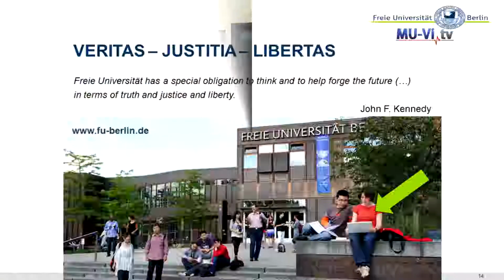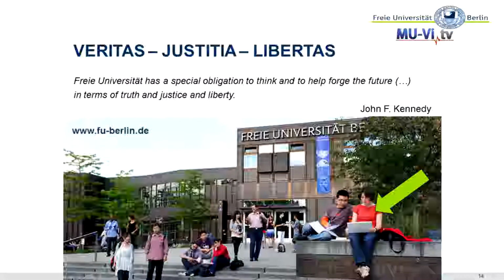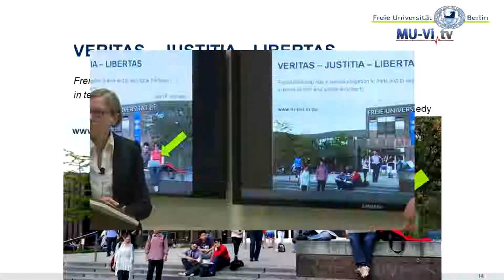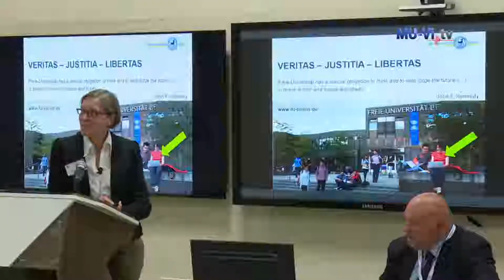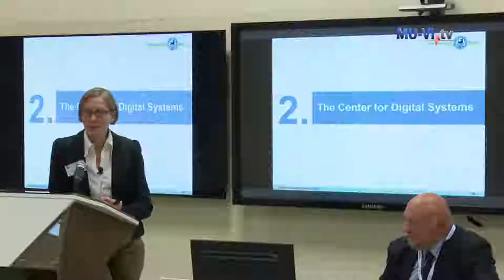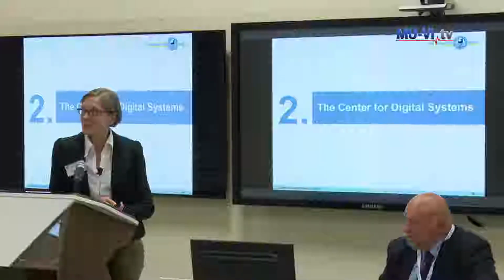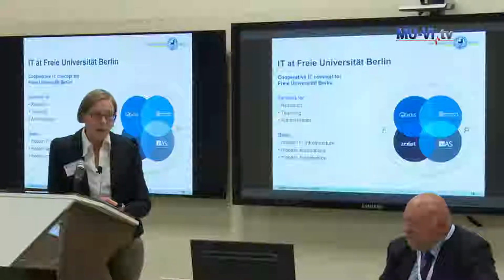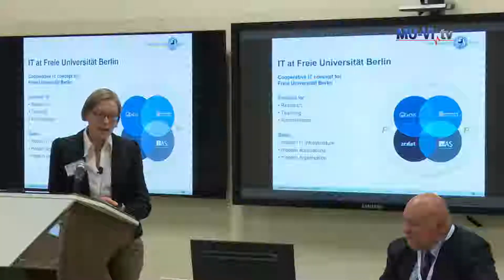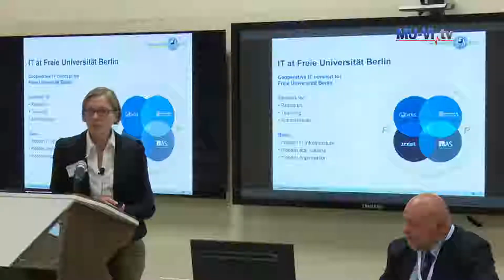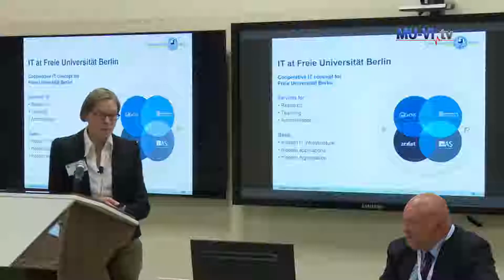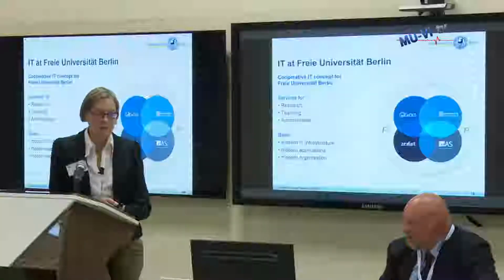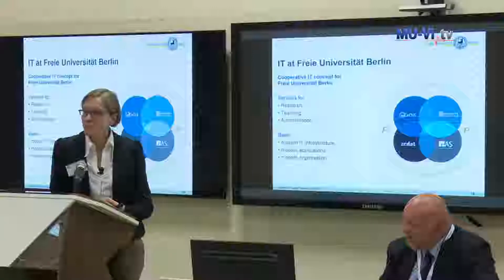And we're seeing on this picture a lady looking into her notebook, and I assume she's, for example, looking into her Blackboard calendar or something like that. So this is the transition to getting to our institute, the Center for Digital Systems. At Freie Universität, we have 4 departments that are responsible for IT in the broadest sense. That's the university library, and the central data systems.